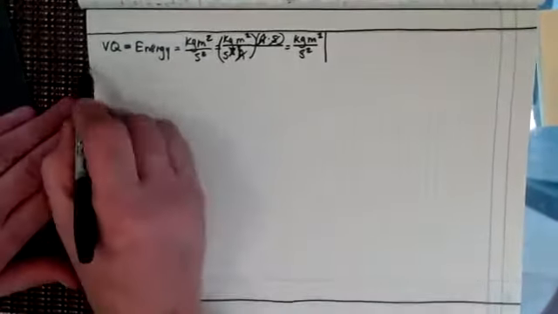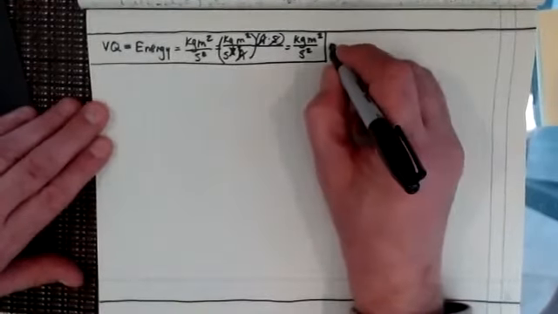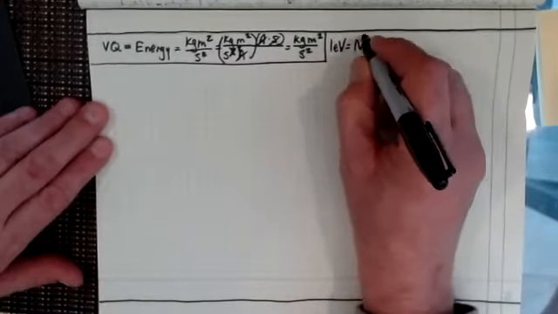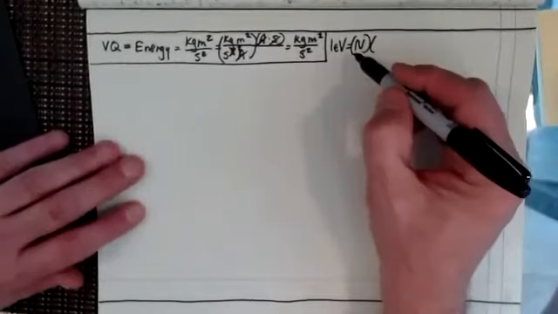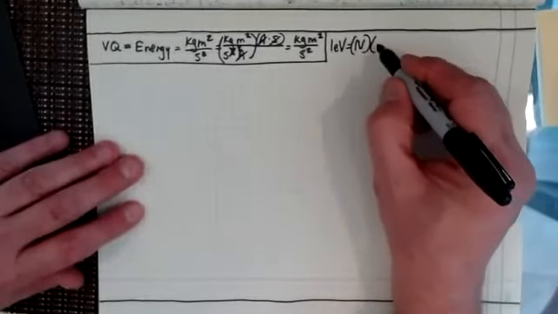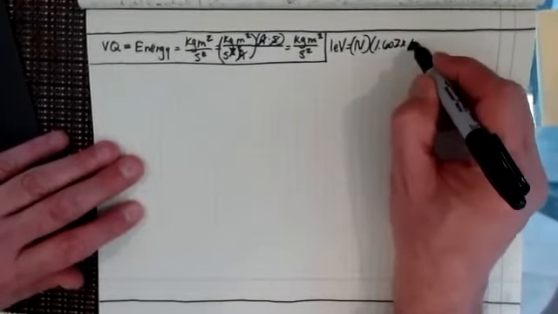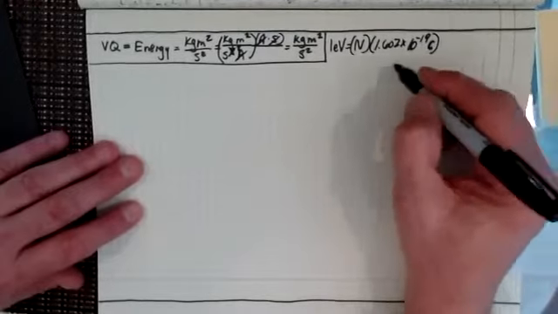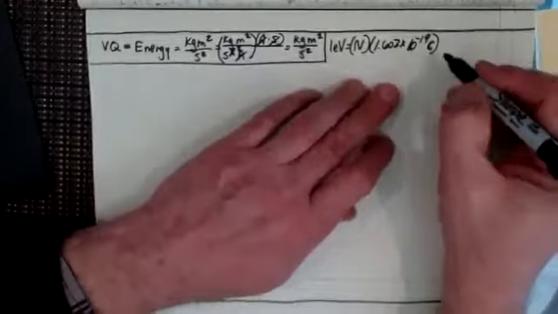So the definition of an electron volt is 1 electron volt equals 1 volt, right, times the charge on an electron, which is 1.602 times 10 to the minus 19 coulombs. I'm using the minus 19 because it's a scientific constant.